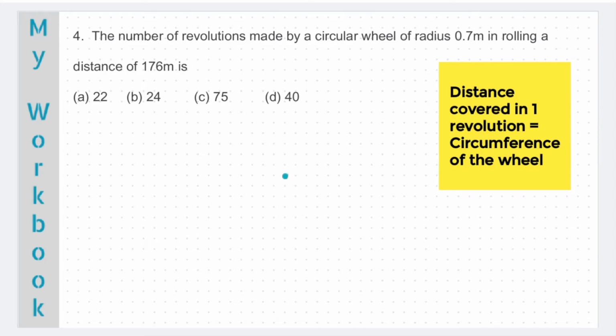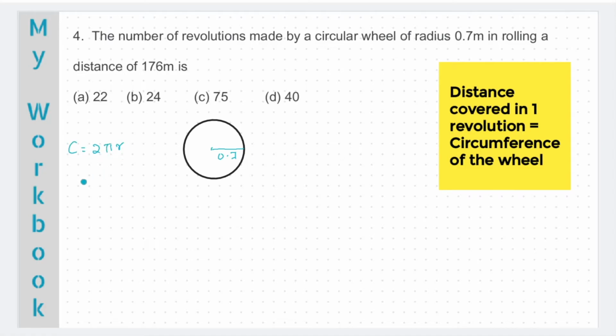For a circular wheel, the distance covered by the wheel in one revolution is equal to the circumference of the wheel. So if we find the circumference of the wheel, we can determine the distance traveled by it in one revolution. Here the radius of the wheel is given as 0.7 meter. So first let's find the circumference of the wheel.